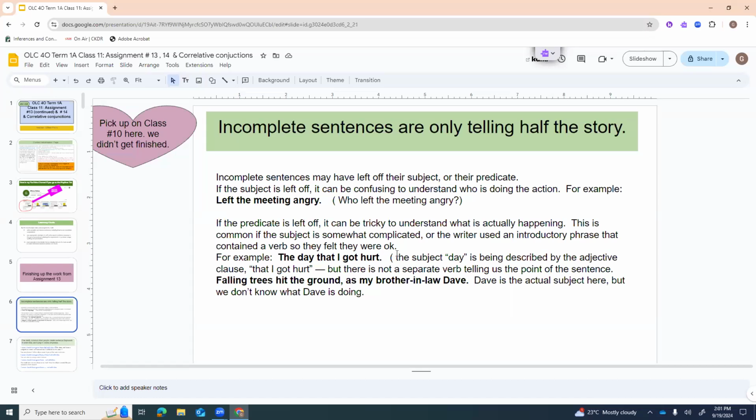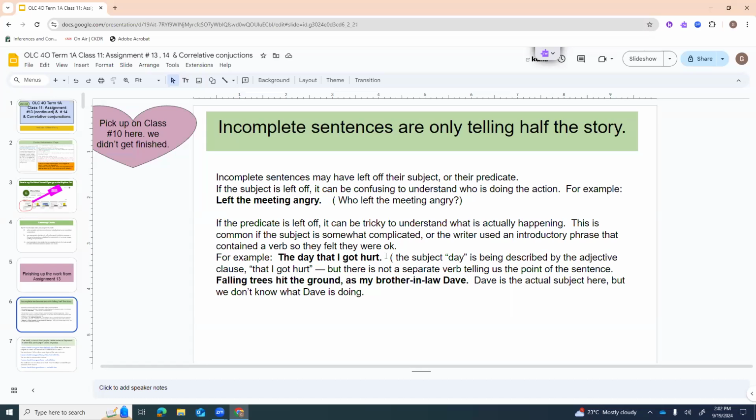Sometimes, however, the predicate might get left off. Remember, the predicate is the verb and all the words connected to the verb. It can make it tricky to understand what's actually happening. This sometimes will happen if a subject is complicated rather than a simple subject, or sometimes the writer will use an introductory phrase that contained a verb, and so they thought they were okay.